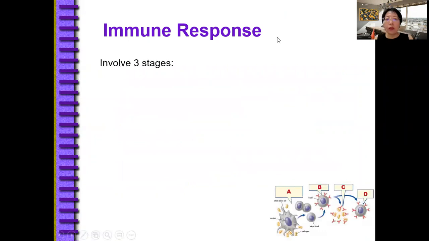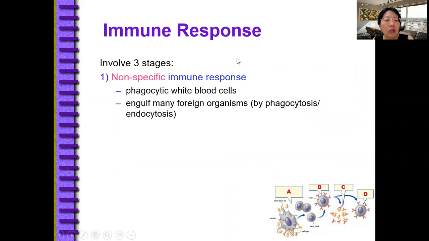So now we're going to study the sequence of events that happen during an immune response. It involves 3 stages. Stage number 1 is called the non-specific immune response, where our phagocytic white blood cells will go and engulf many foreign organisms by phagocytosis or endocytosis.